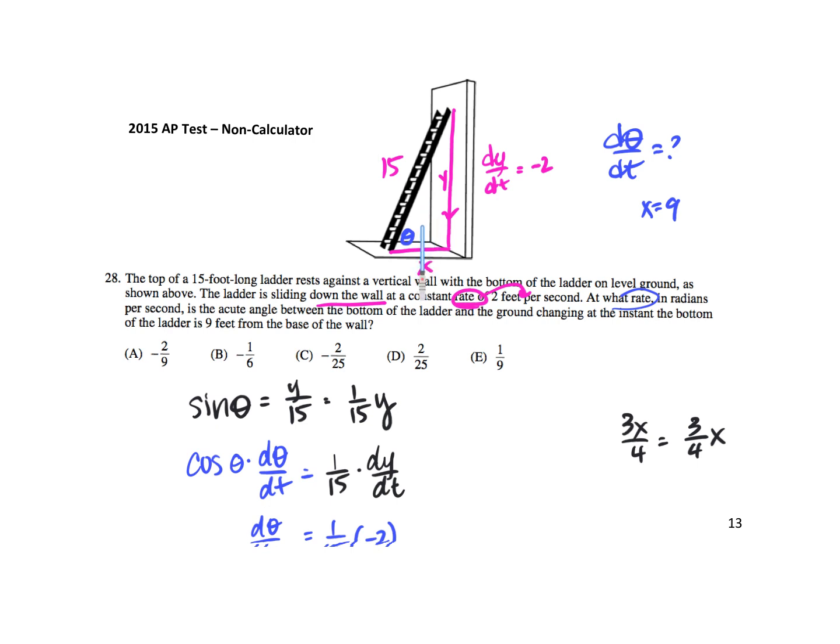At this moment in time, am I allowed to use that 9 now? Yes. So my adjacent is 9. My hypotenuse is 15. So that's 9/15. Let me say that one more time. On my picture, my x is 9 at this one moment in time. I didn't have that in earlier because it's not constant. Cosine is adjacent over hypotenuse, so I just replaced cosine of theta with 9/15.